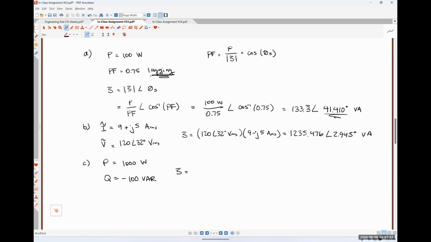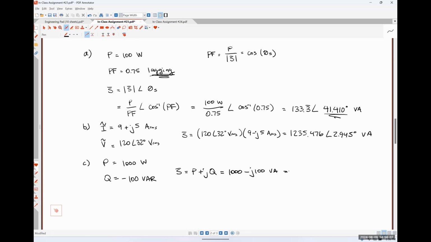Do we just add these two? Yeah, P plus jQ. So that's going to look like 1,000 minus j100 volt amperes.